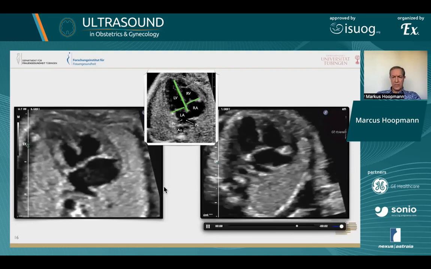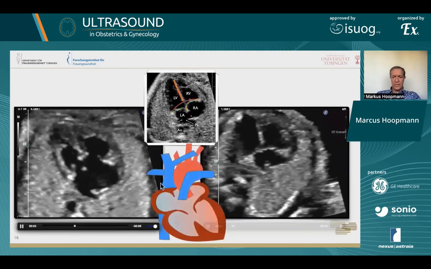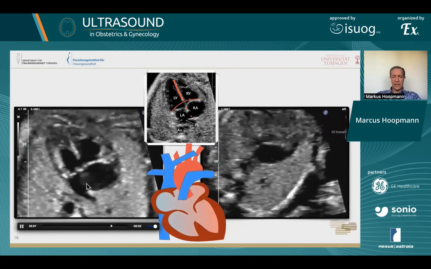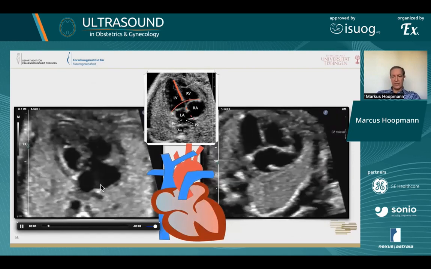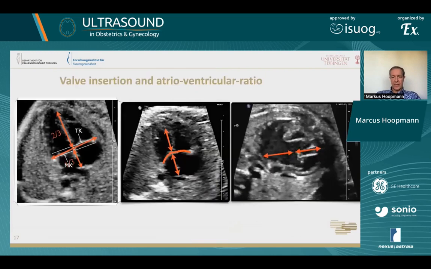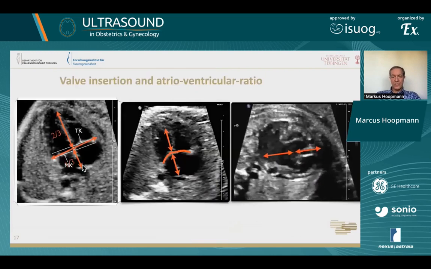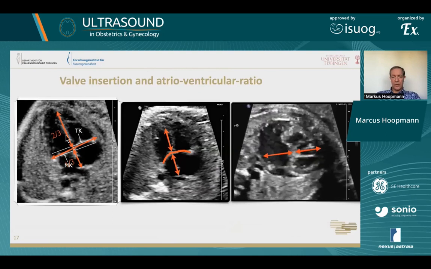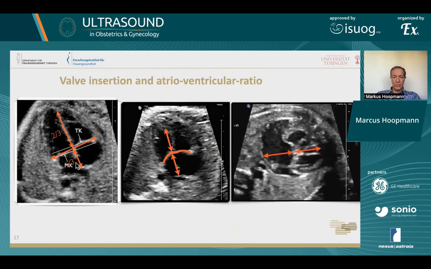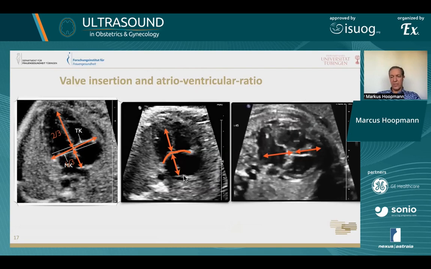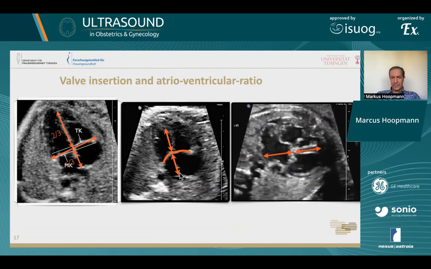And when you see these 2 examples, you see that the valves become one line and that there is a kind of hole in the center of this cross. And another easy parameter is to look at the relation of the length of the atria and the ventricles. And normally it should be 1/3 to 2/3. And in AVSD, it's often half-half.